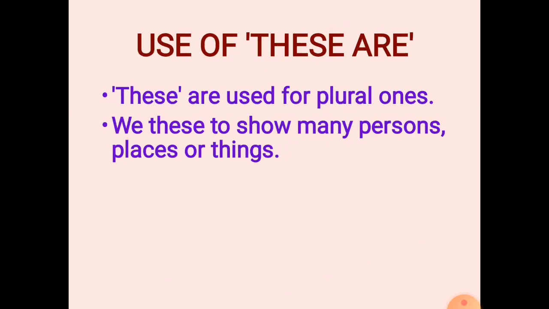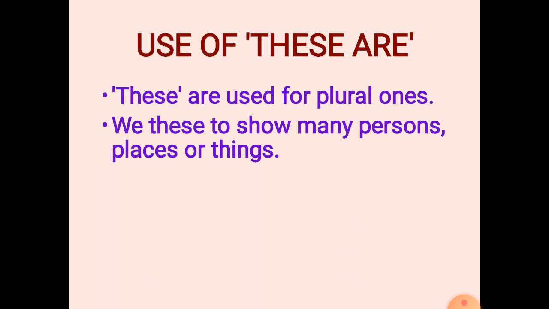Now children, after looking at all these examples, you must have understood that these is used for plural ones, meaning for many things. We use these to show many persons, places or things.